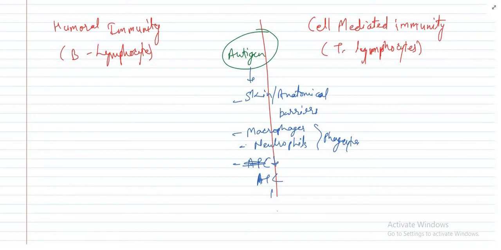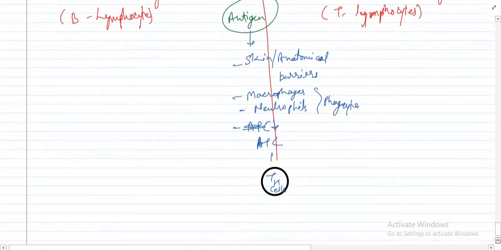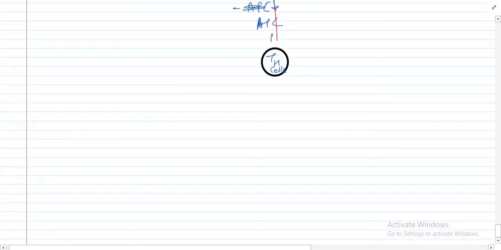So these are the helper cells, TH cells. Now, whenever TH cells receive the signal, they start making cells.